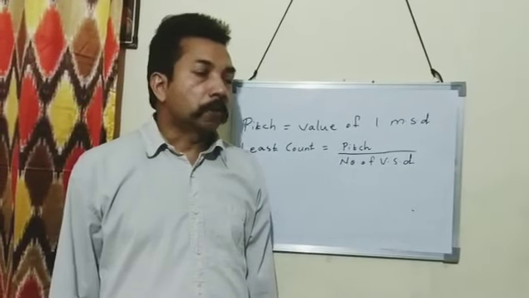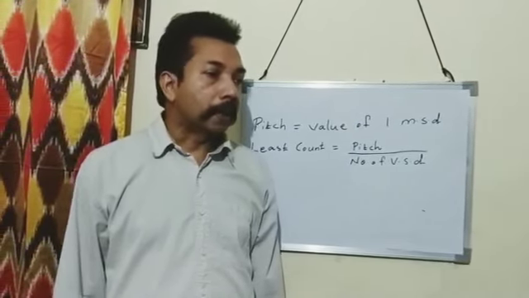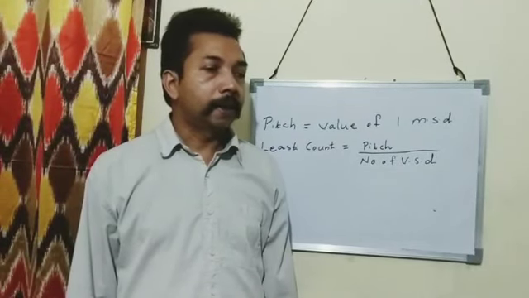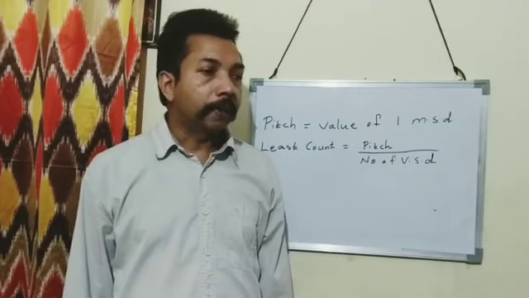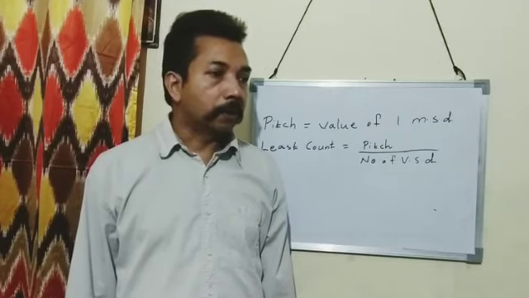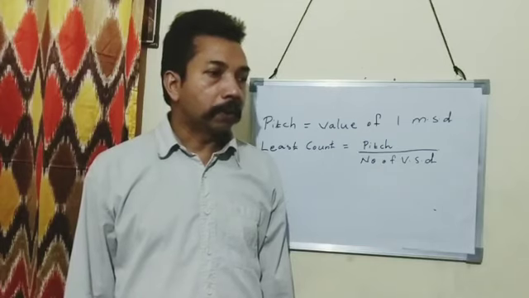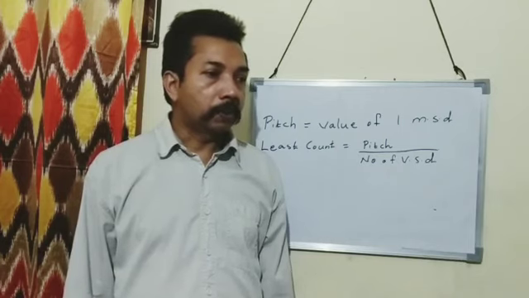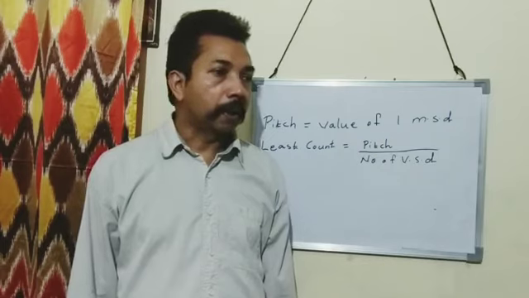So see the question. The main scale of vernier caliper has 10 divisions in a centimeter and 10 vernier scale divisions coincide with the 9 main scale divisions. Calculate pitch and least count of vernier caliper.